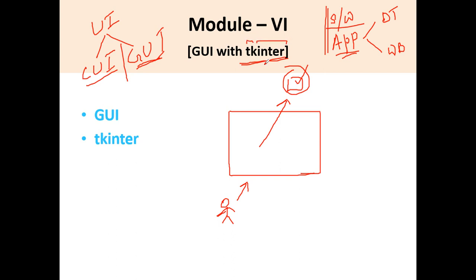Inter means interface. The actual main module is Tk. So Tkinter is basically that module that comes inbuilt with the language, which we will use today to develop the GUI. And that was also in your syllabus. Okay, so let's move into the slide.